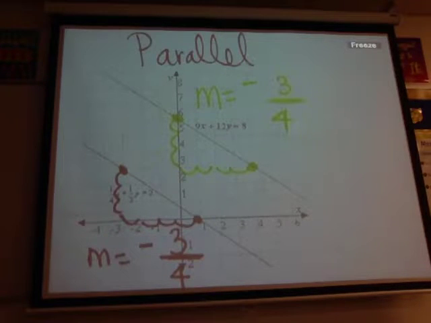Now, the reason I picked those points, you can pick any point on your own. You just want to make sure that we don't pick a point because it's in between 1 and 2. So we don't want to have to estimate, okay?